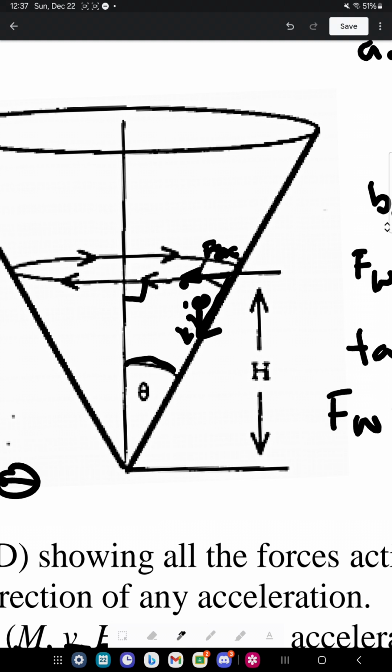And so let's see, this is the opposite and this is the hypotenuse. Sine theta is equal to F of s x over F of s.